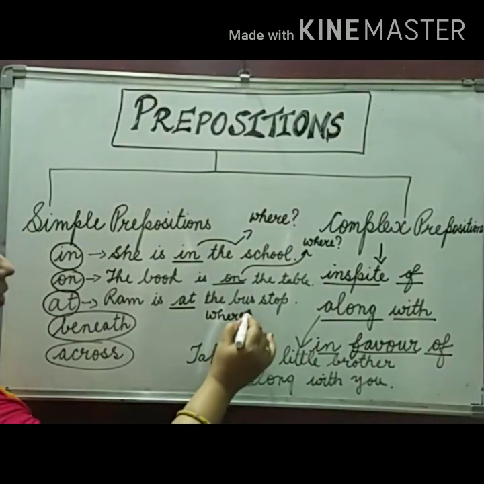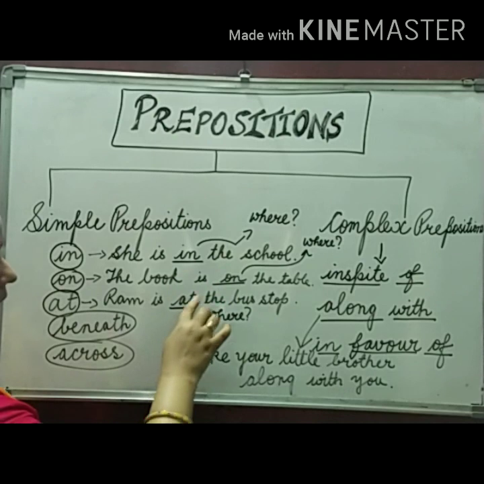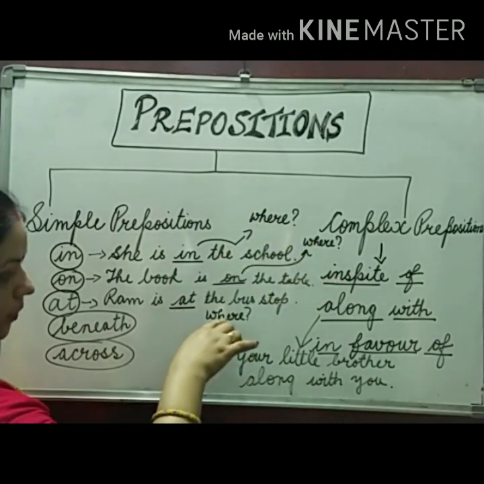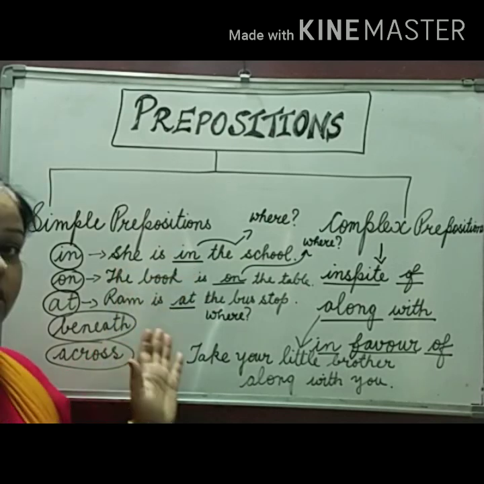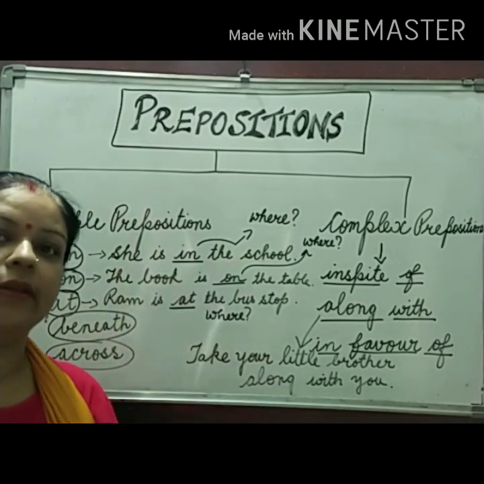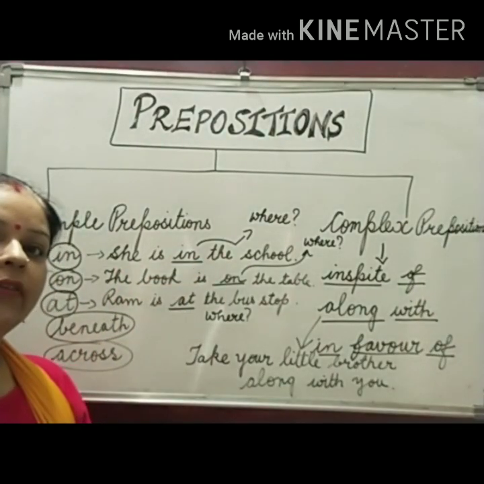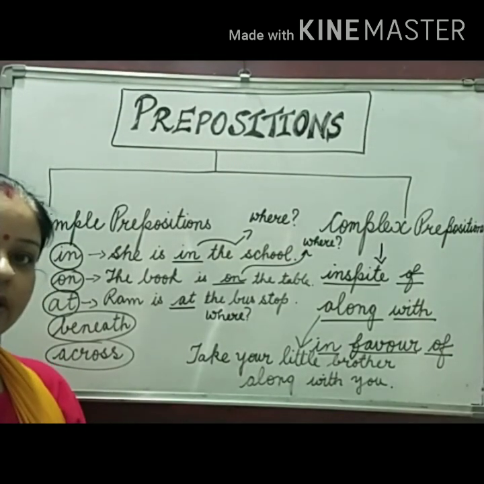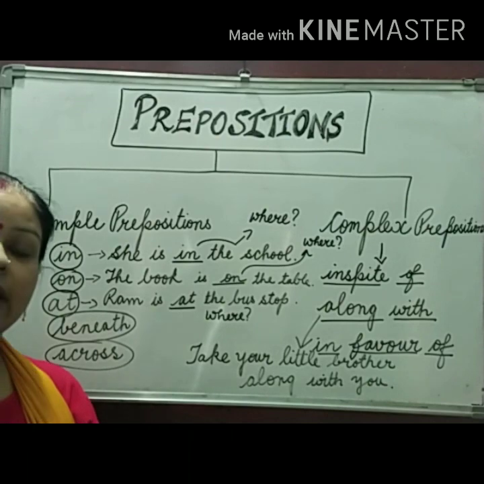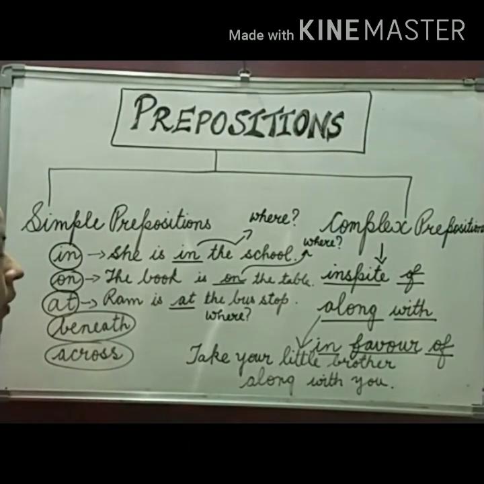Now in these sentences we saw that all these prepositions are telling one thing only. But there are other functions of the same prepositions in sentences, which we will study later.